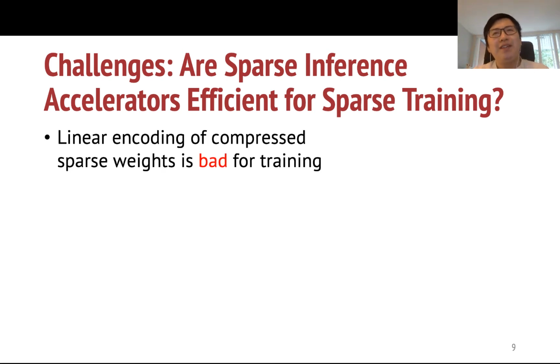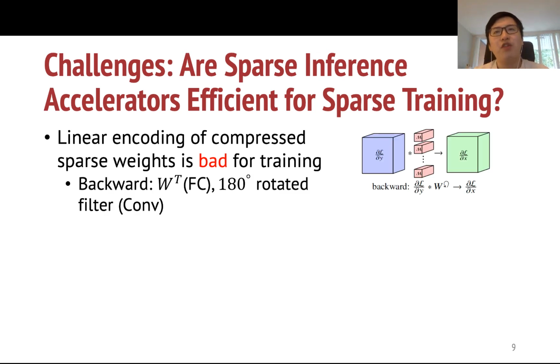First, sparse inference accelerators typically encode compressed sparse weights linearly, which is bad for training. This is because, for example, during the backward pass, it is required to access transposed weights for FC layers and a 180-degree rotated filter for conv layers.